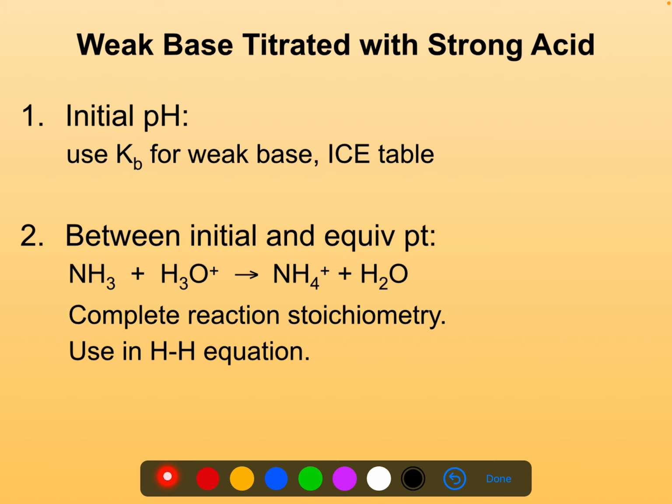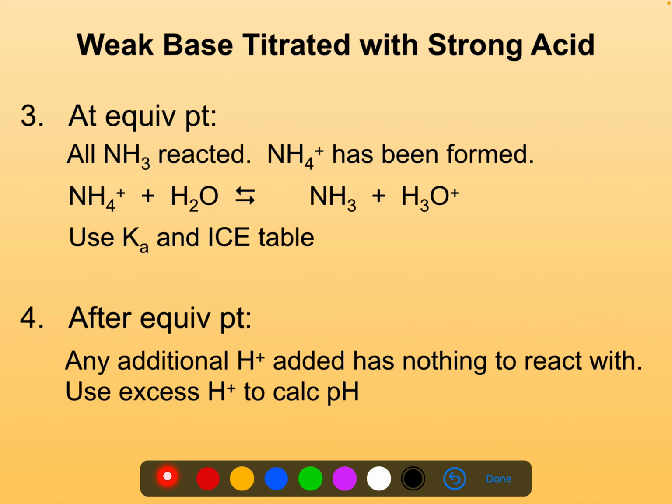One thing to remember is even though we're dealing with a base in our Henderson-Hasselbalch equation, to find pH, it still needs the Ka value. So if you have the Kb value, you have to find Ka before plugging into the Henderson-Hasselbalch equation. At the equivalence point, we are still going to have two ICE tables and two reactions like we had yesterday.